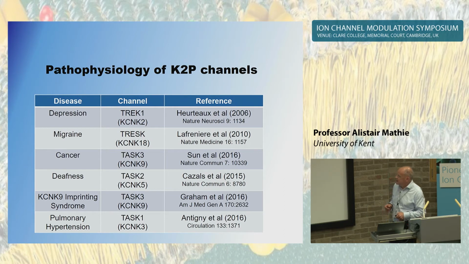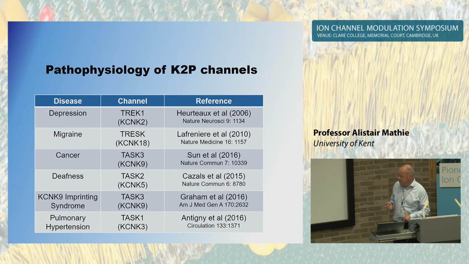Over the past 2 or 3 years, there's been a number of different studies proposing roles for quite a number of these different channels in pathophysiology and potential disease states. For example, TREK1 has been implicated for quite some time in depression, TRESK in migraine. There was an interesting paper a year or so ago on TASK3 and cancer, and TASK2, KCNK5 and deafness.